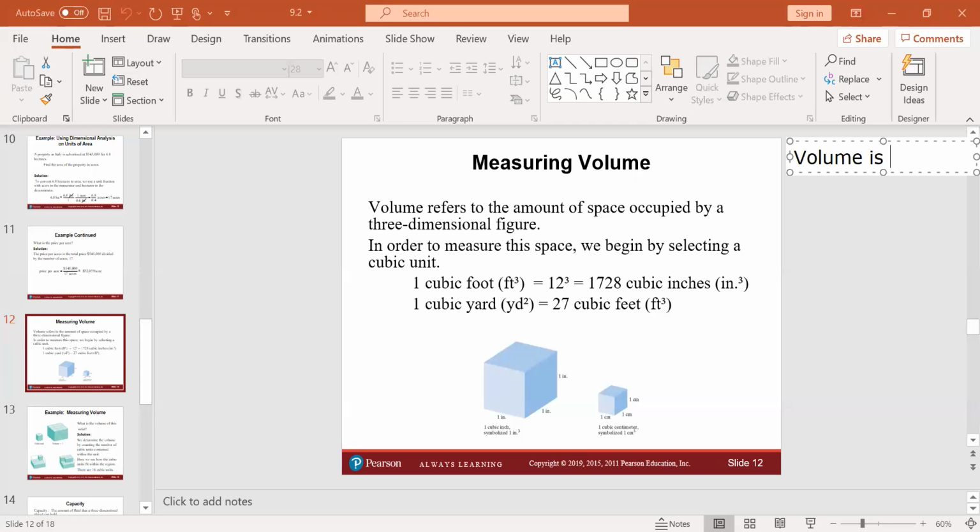Volume is our 3-dimensional measure of space. Space is the right word for it. It is our measure of physical space, finally in the 3 dimensions that we care about.